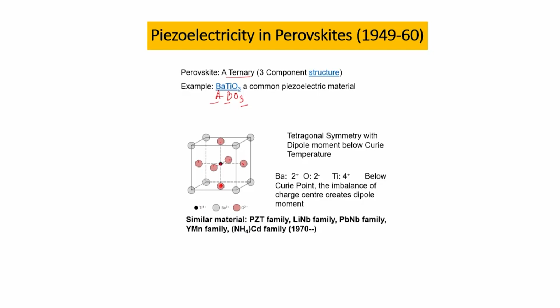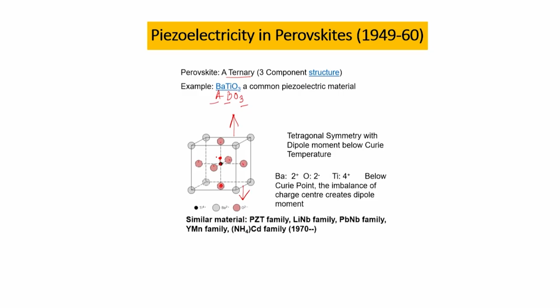Now, this is generally in equilibrium condition, but if I try to expand or contract it, then what happens is this titanium slightly shifts its position, and this shift in position immediately creates a kind of dipole system. That means a change in polarity happens in the system.